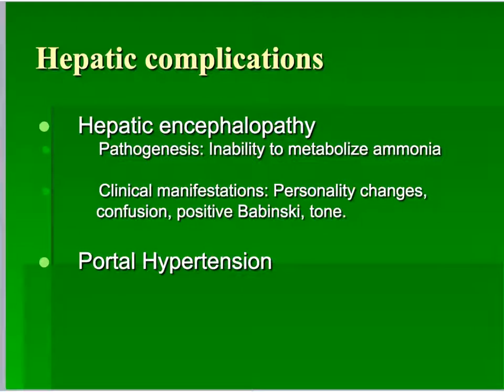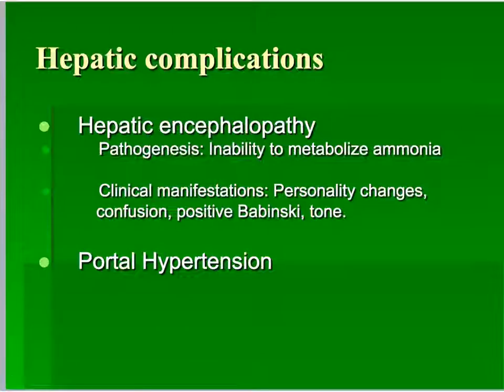Now, when somebody has portal hypertension, we see pressures that can go up as high as 25 millimeters of mercury, which cause excessive pressure in the portal vasculature. When there's high pressure in the portal vasculature, there is increased hydrostatic pressure within that portal vasculature.